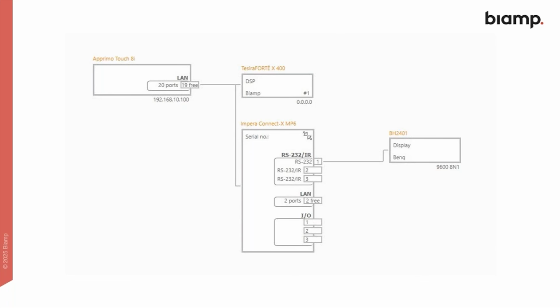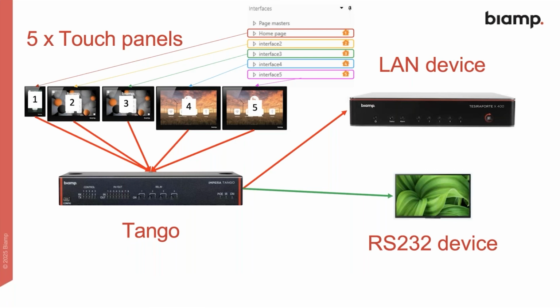So this is an interesting setup where we have one controller with multiple touch screens, and each of the touch screens can have a dedicated page. And this is great if you have multiple rooms or just different areas, maybe the entrance, reception, a dedicated touchscreen for the internal users and things like that.